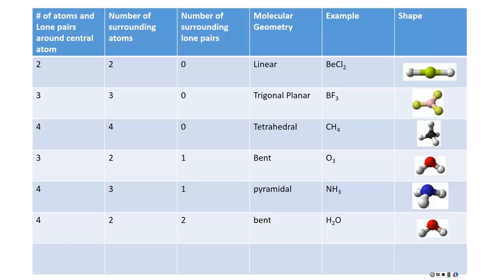The O2 has to match with that, so we know that goes on the top. Fe2O3 goes on the bottom. So moles are going to cancel. In doing the math, we get 2 times 10 to the negative 9.